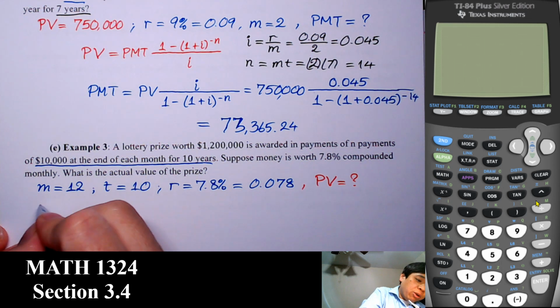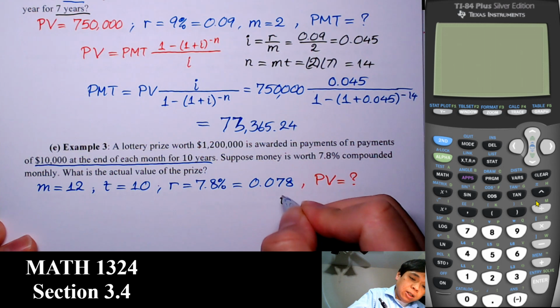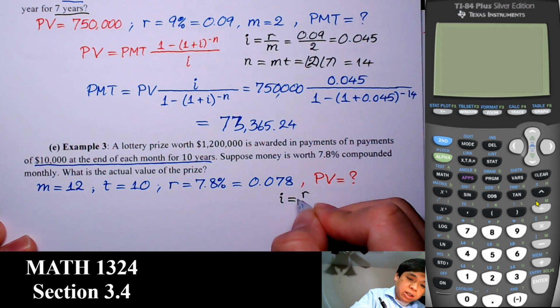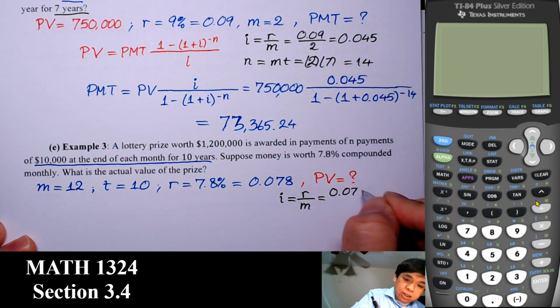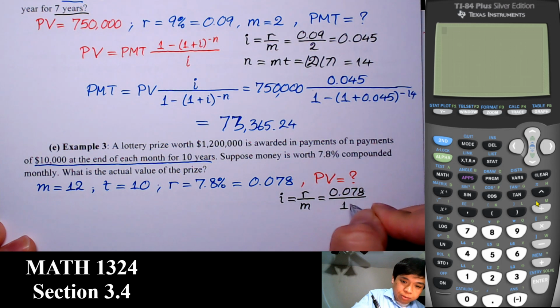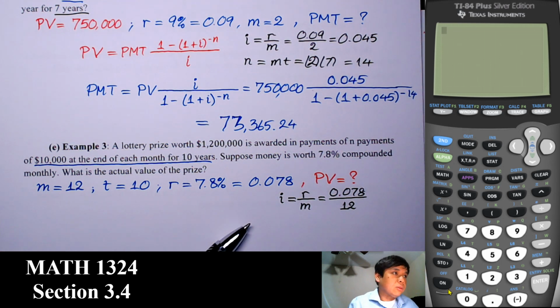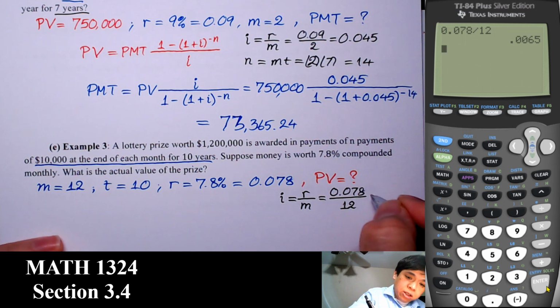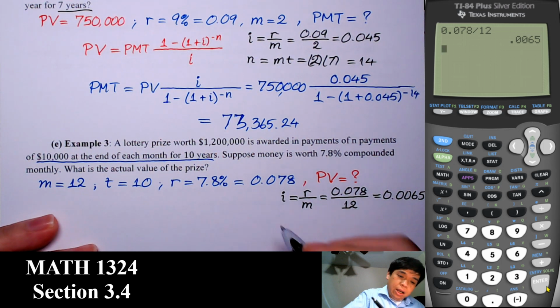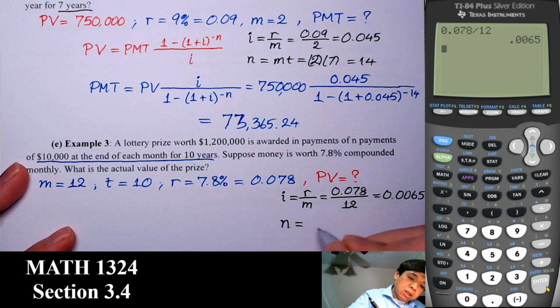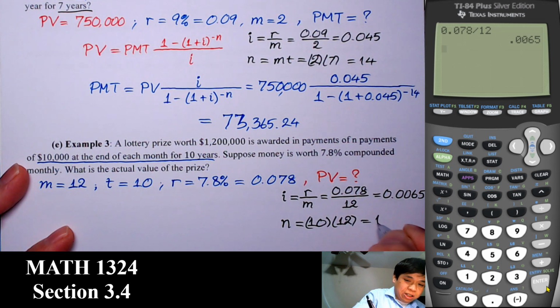So first we calculate i, the interest for each period: 0.078 divided by 12, which is 0.0065. Then n, the number of payments: 10 years, 12 times a year, so that's 120.